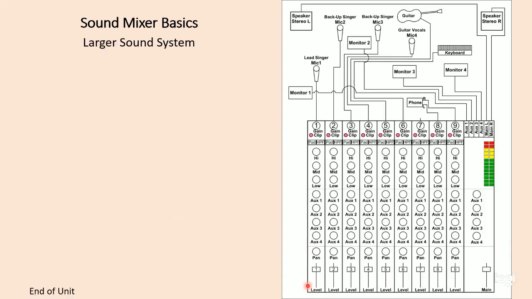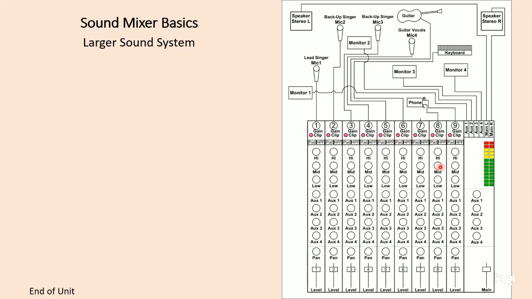Let's look at a more sophisticated system, right? So this is a little bigger soundboard. You can see that it has 4 auxiliary sends. So there are 4 monitors on stage. It also has 9 input channels, right?